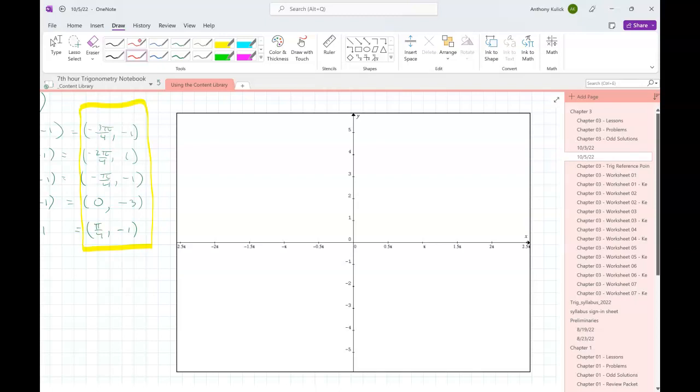So between 0 and a half, halfway in between there must be a quarter. So I know I'm going to need every quarter, so I'll just mark those. So every tick mark is basically a quarter pi. So negative 3/4 pi, comma, negative 1 would be like there. Negative 2/4 pi, positive 1 would be like here. Negative 1/4 pi and negative 1 would be here. 0, negative 3 would be down there. And then 1/4 pi, negative 1 would be there.